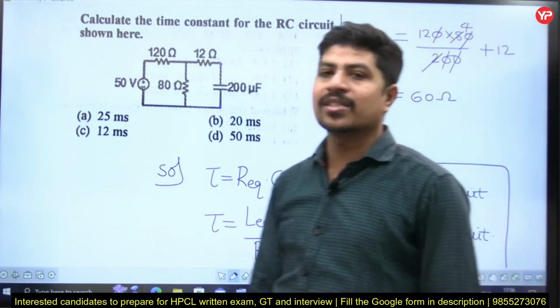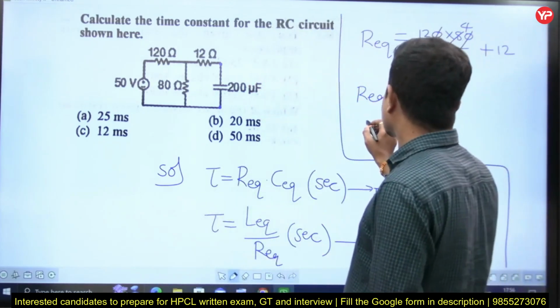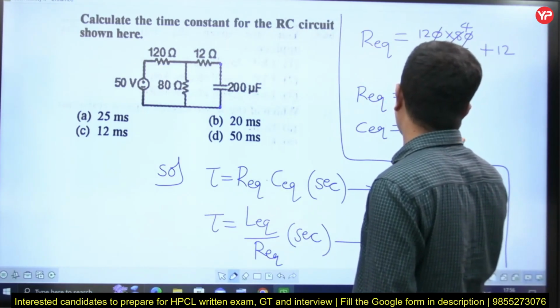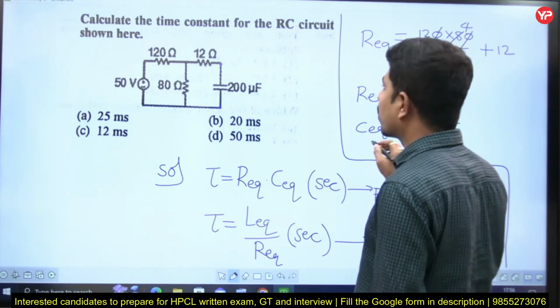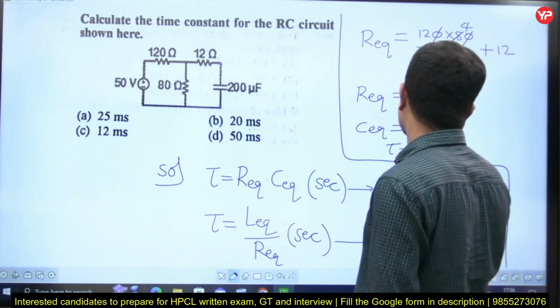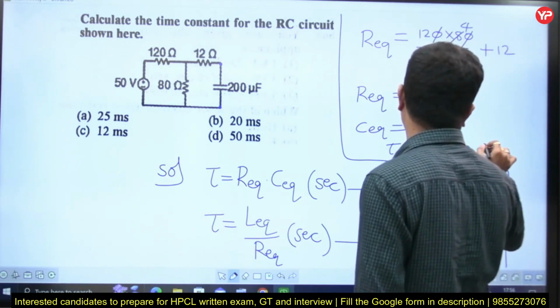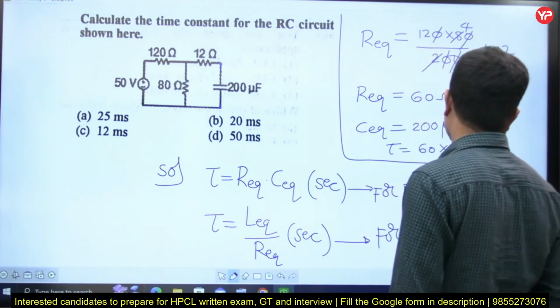You can check the calculation. How much is C given? C is equal to 200 microfarads, then tau is equal to 60 into 200, and micro means 10 to the power of minus 6. So how much is it?